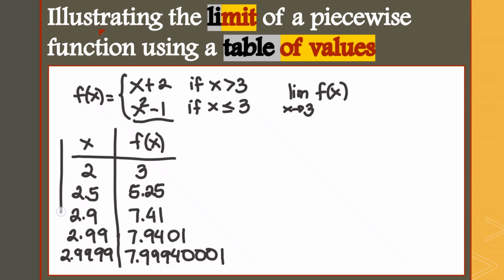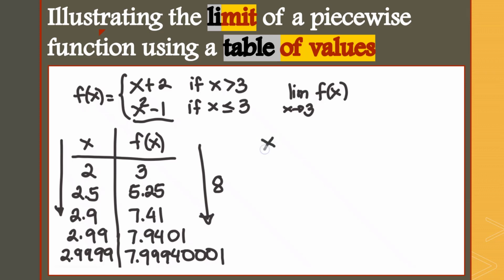As we move from the left of 3 going towards 3, we could see a trend in our values as this will approach a certain value, an integer, in this case 8. You can even try values still closer to 3, and you will get closer to 8. That's the value of this piecewise function as x approaches 3 from the left.